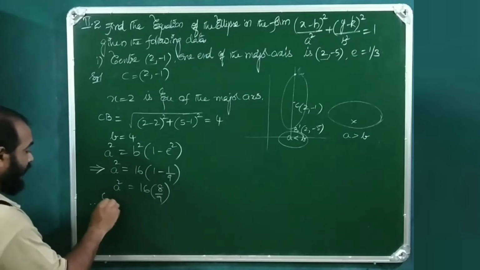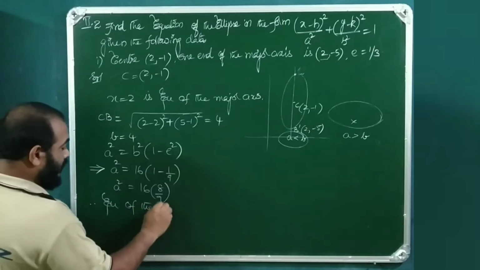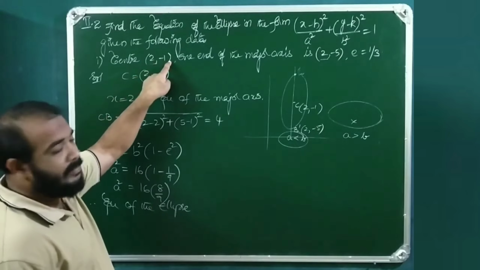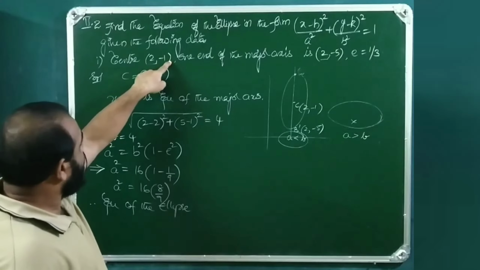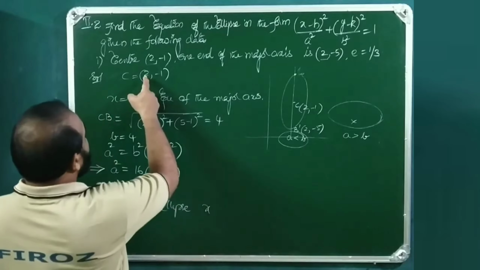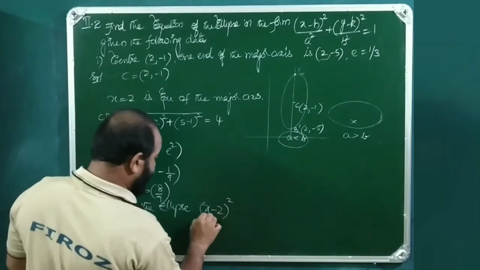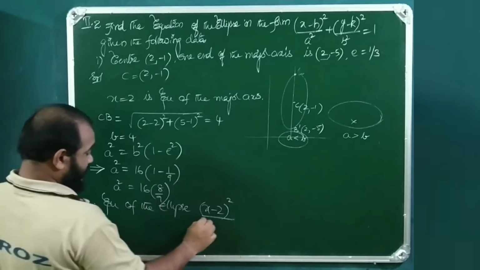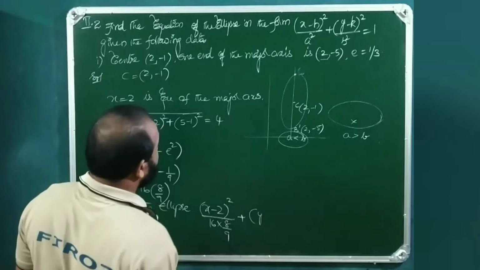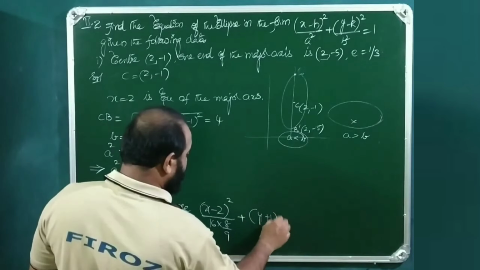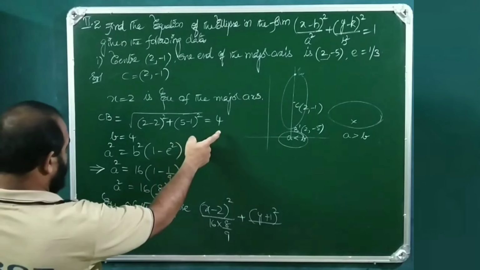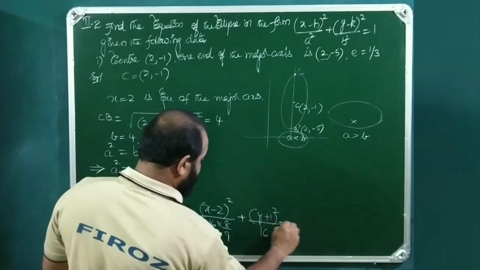Therefore, the equation of the ellipse having center (h, k) equal to (2, minus 1) and a square equal to 16 into 8 by 9 is (x minus 2) whole square by a square, which is 16 into 8 by 9, plus (y plus 1) whole square by b square, where b square here is 4 square, 16, equals 1.